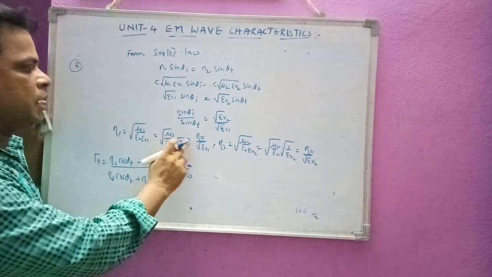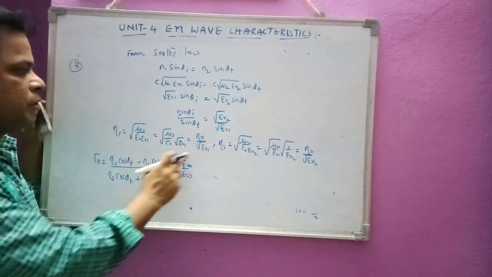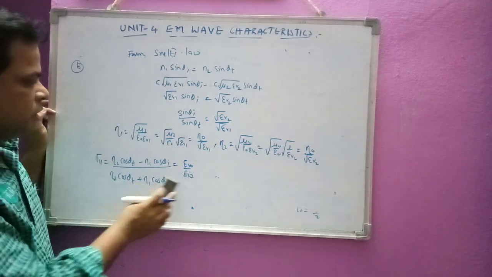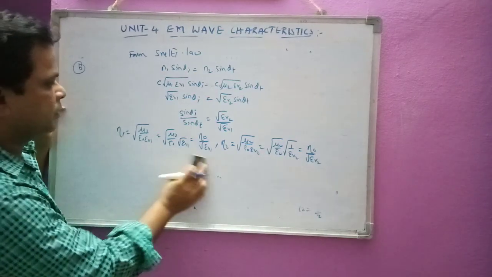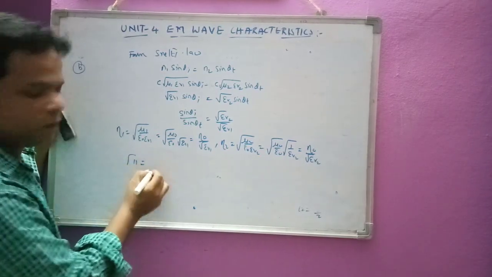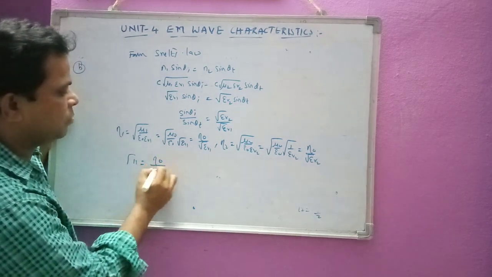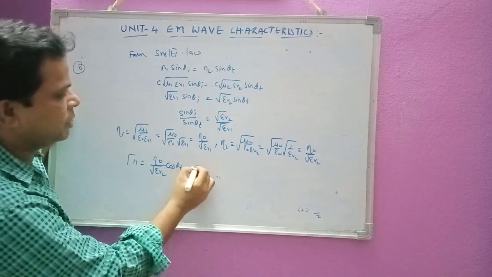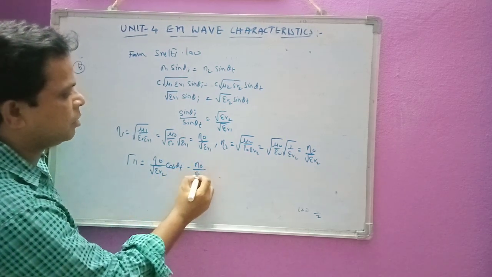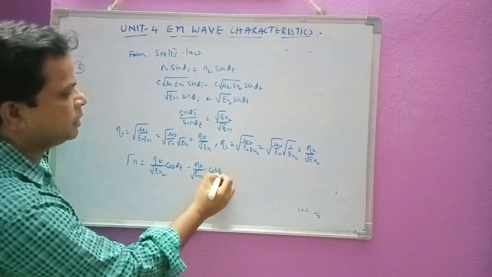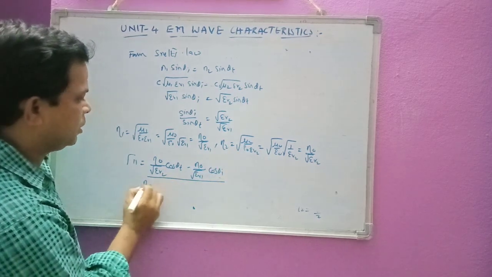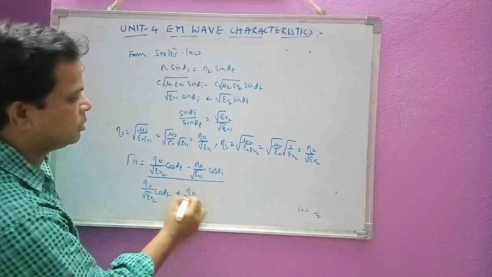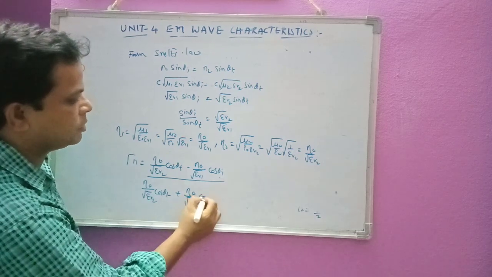Now in place of eta 1 and eta 2, I can substitute the values eta naught by square root of epsilon r1 and eta naught by square root of epsilon r2. Okay. So after substituting this, let us see what happens. Gamma parallel is equal to (eta naught by root of epsilon r2 cos theta t minus eta naught by square root of epsilon r1 cos theta I) by (eta naught by square root of epsilon r2 cos theta t plus eta naught by square root of epsilon r1 cos theta I).